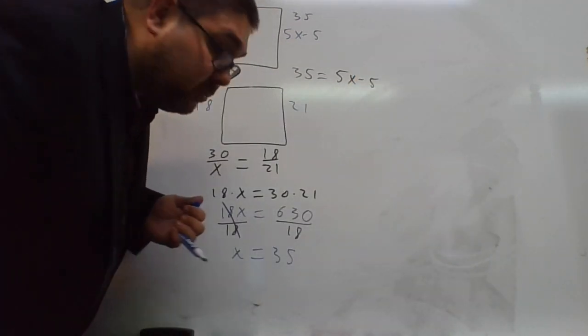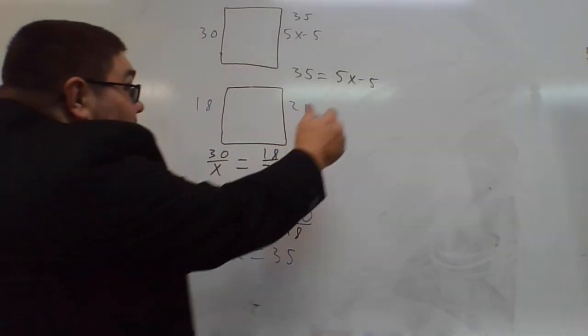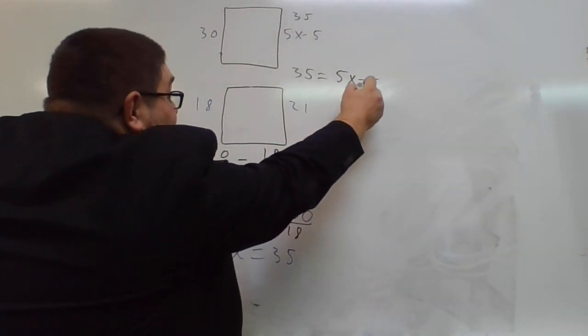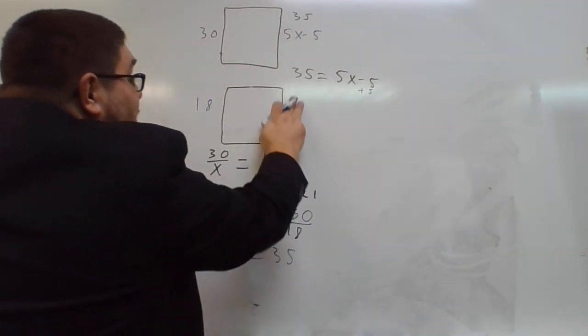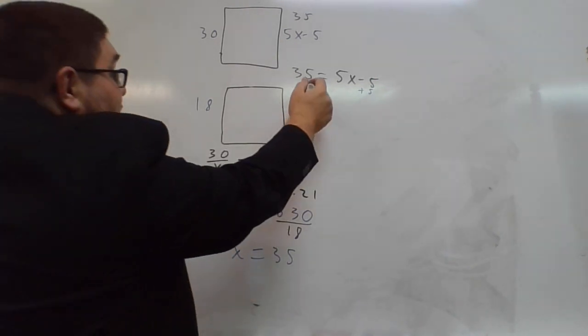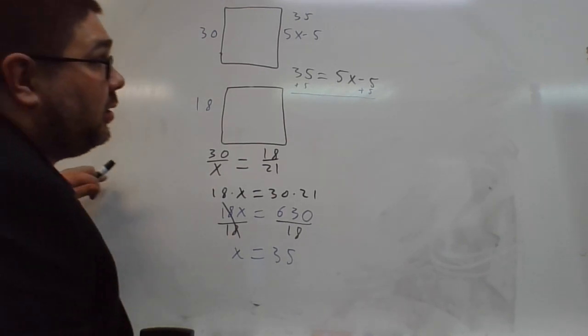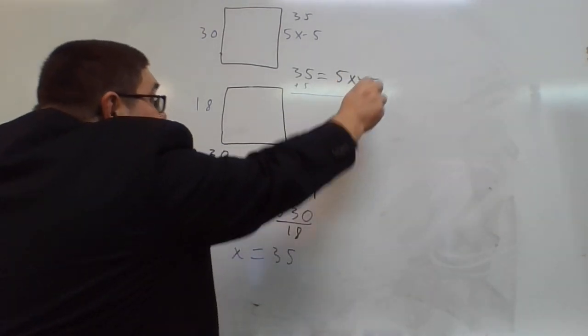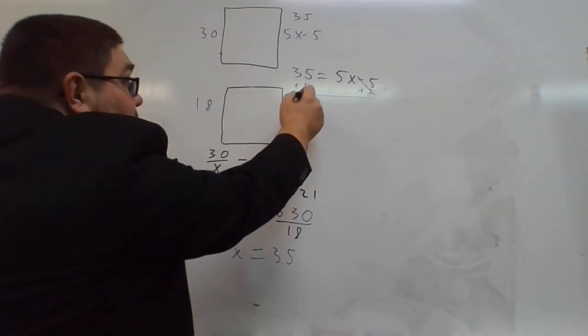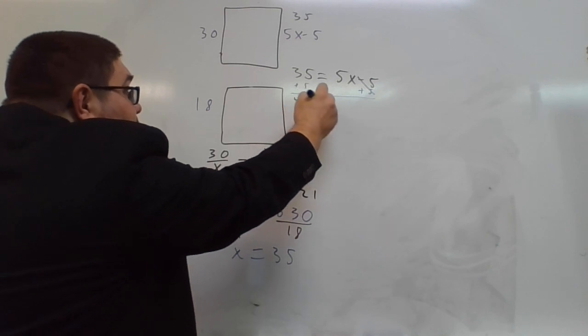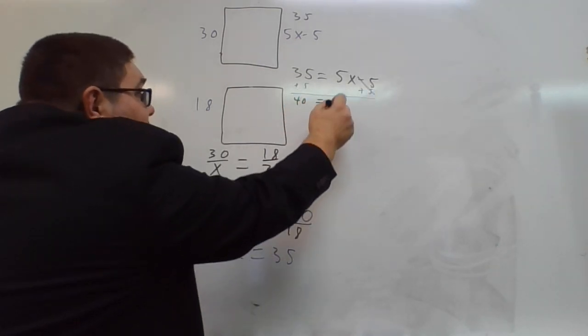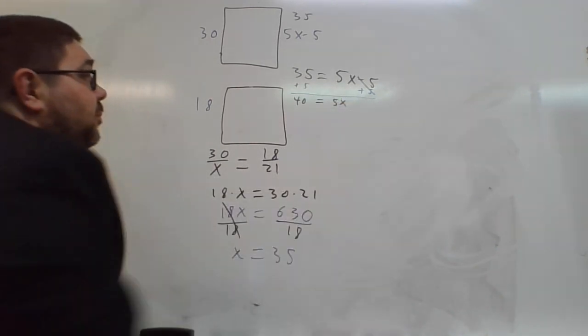Another two-step equation. Start by adding 5 to each side. I'm going to erase this 21, so it's not to interfere with our work. Now we're going to get 35 plus 5 is 40. The 5s on this side cancel, and we have 5x.